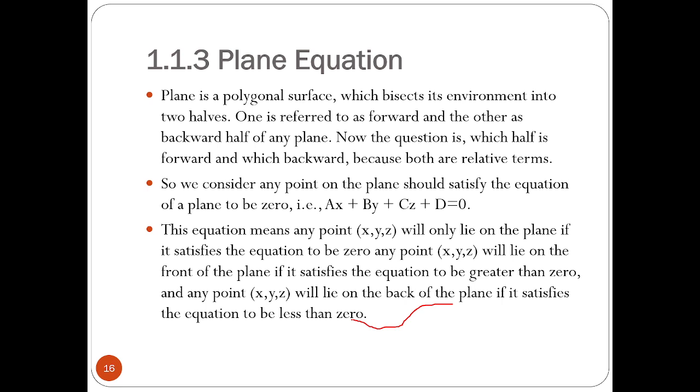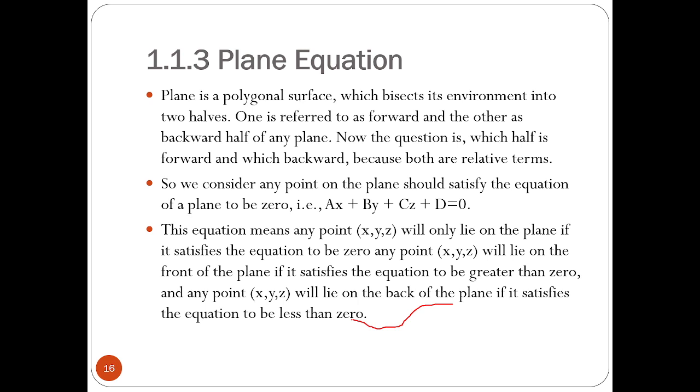Any point x, y, z will lie on the plane only if it satisfies the equation to be 0. Any point x, y, z will lie in front of the plane if it satisfies this equation to be greater than 0, and any point x, y, z will lie at the back of the plane if it satisfies the equation to be less than 0.